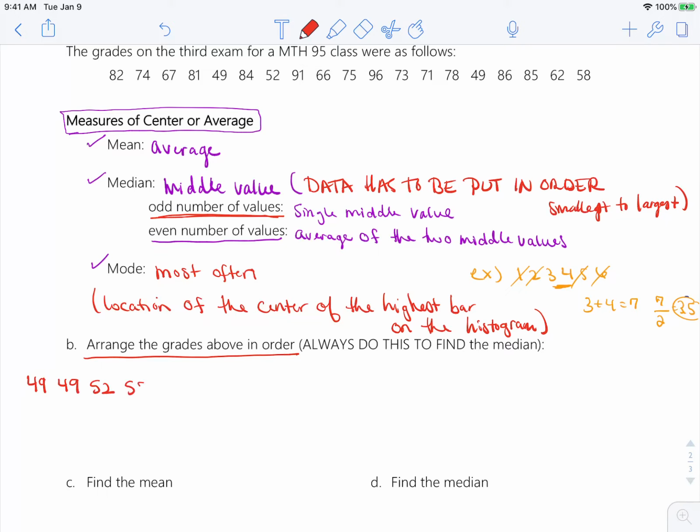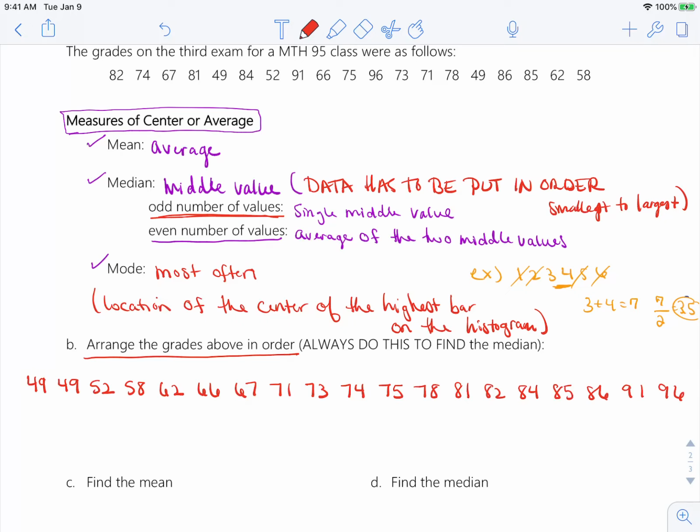52, 58, 62, 66, 67, 71, 73, 74, 75, 78, 81, 82, 84, 85, 86, 91, 96.